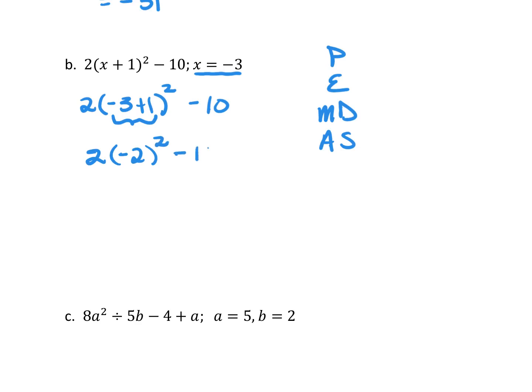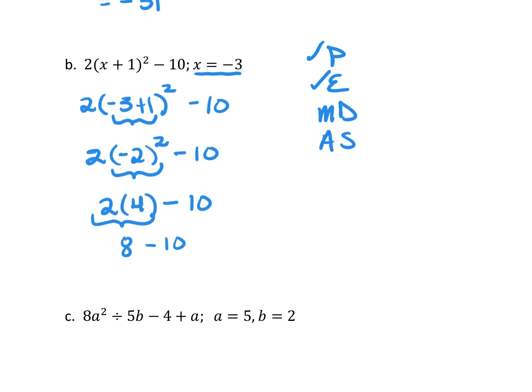I'm going to bring down everything else. We want to simplify our exponents, and so if we square -2, we get +4, because this is -2 times -2. We want to do any multiplying, and so we get 2 times 4 is 8.